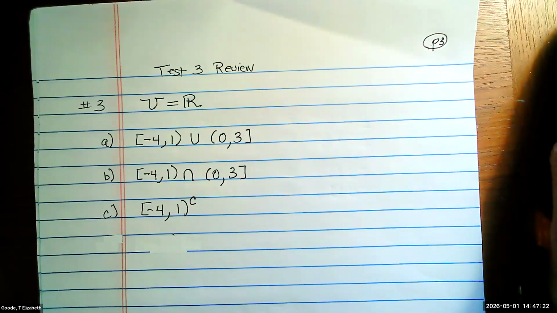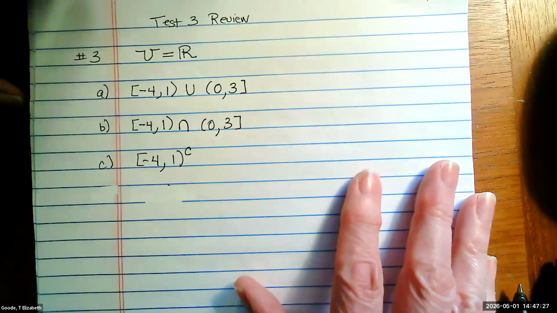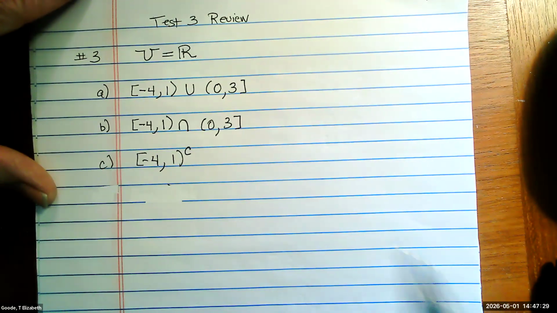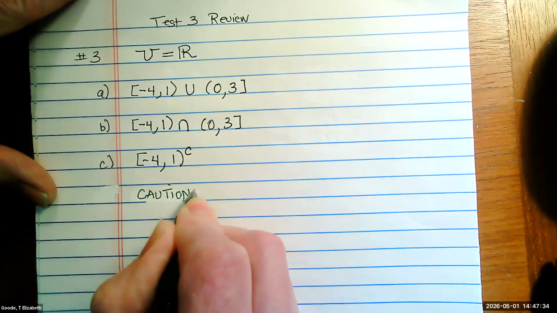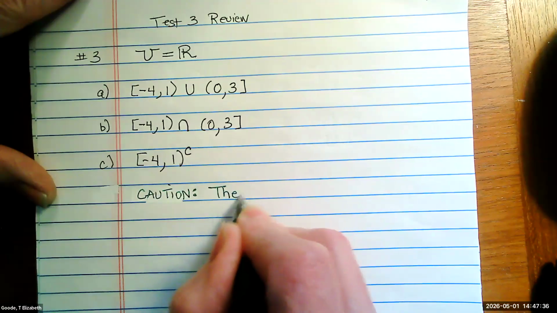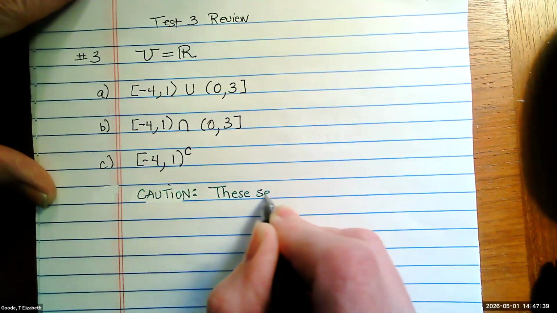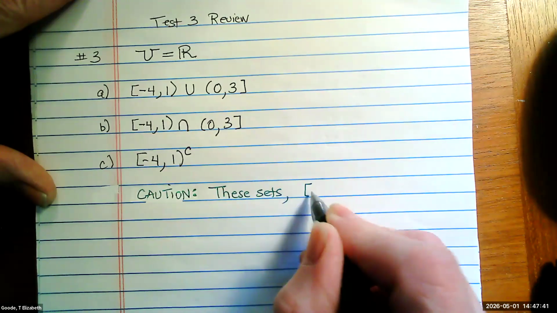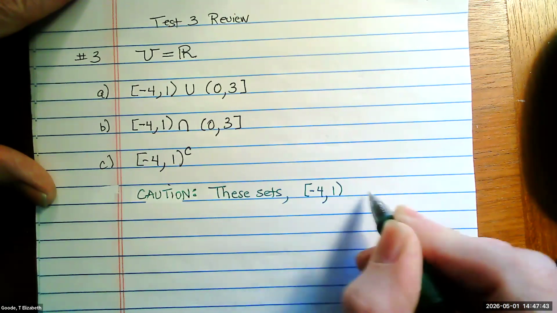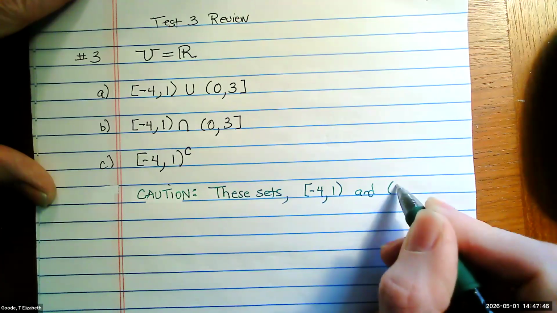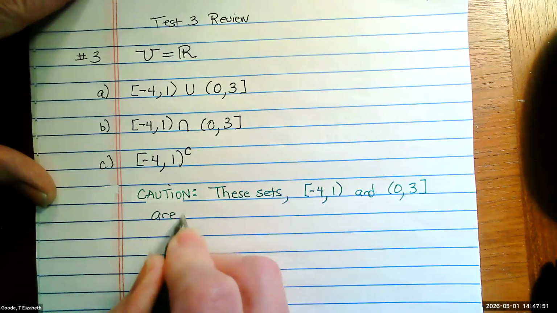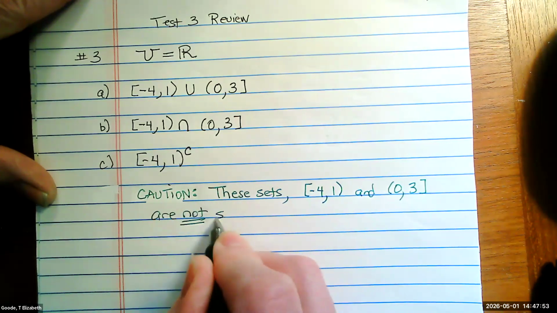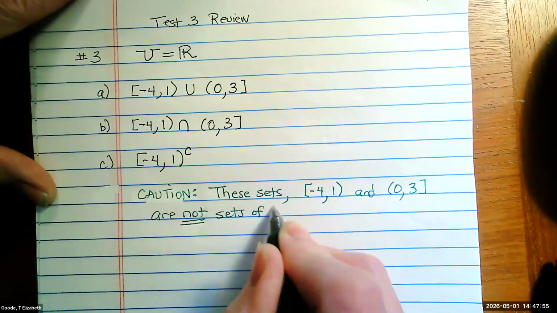All right, let's draw a picture here, because these are real intervals. Here's the big caution. These sets, and I'm talking about the interval -4 to 1 and the interval 0 to 3, are not sets of integers.